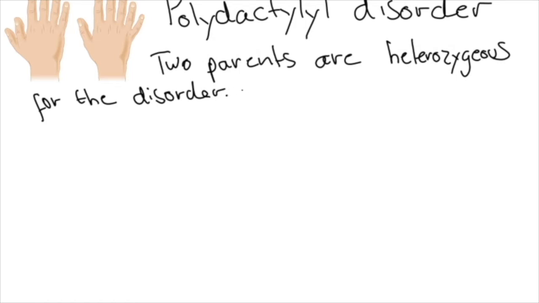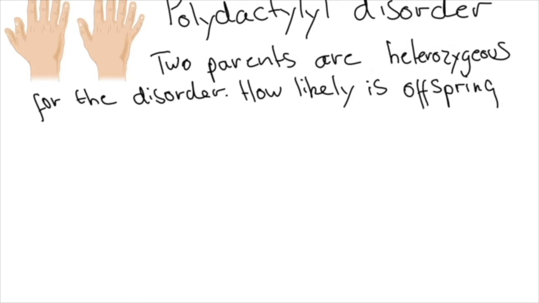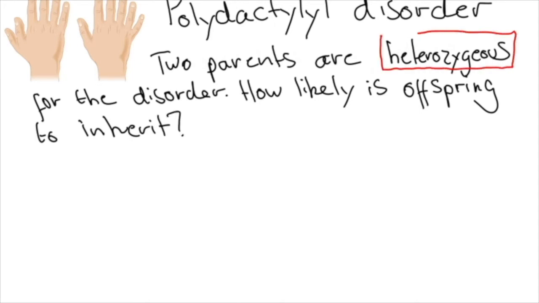And it really doesn't matter what the question is about, what disorder it's about. The key bit is where it says heterozygous. That's the bit that gives you information about exactly what's going on. Okay, and then it'll ask, how likely is it for the offspring to inherit this disorder? And as I said, it's heterozygous.